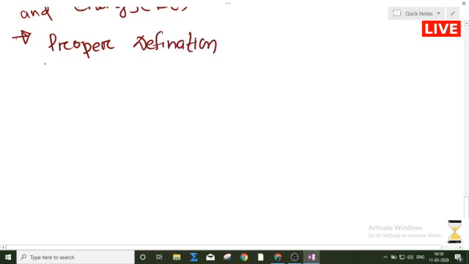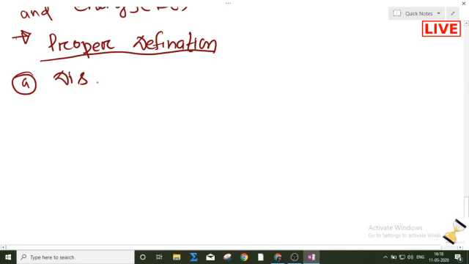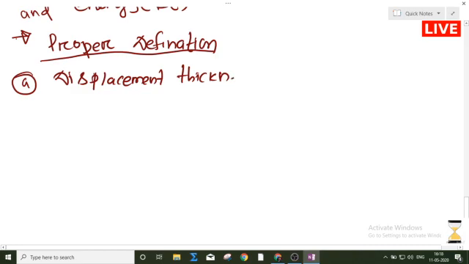What is the proper definition? The proper definition of the first one is displacement thickness, represented by delta star.